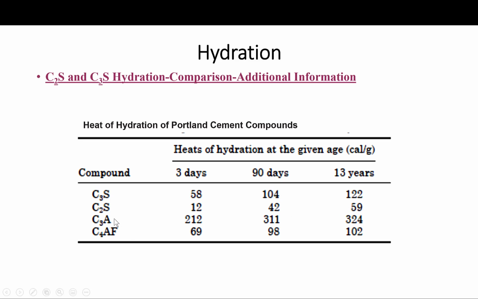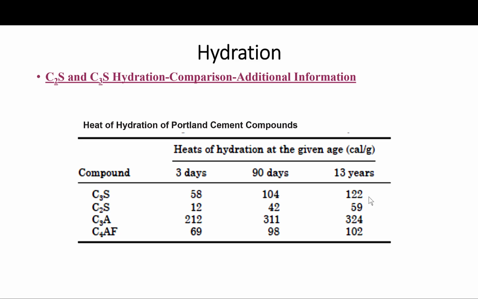Of course, you have C3A and C4AF. C3A, of course, the highest, because we mentioned that before, if you remember. It's very reactive and gives off much heat. But for the C3S and C2S, you remember when we talked about the types of cement and the low heat of hydration cement, usually higher in C2S than C3S, etc.